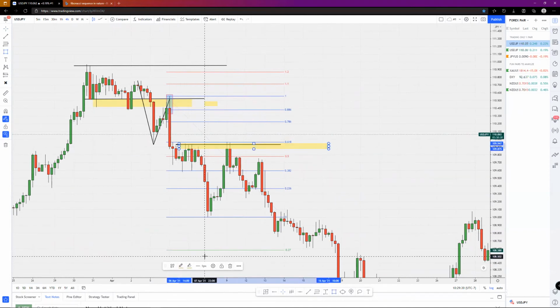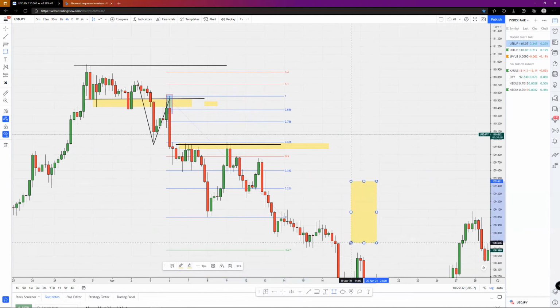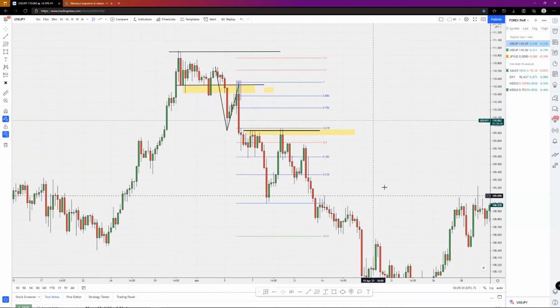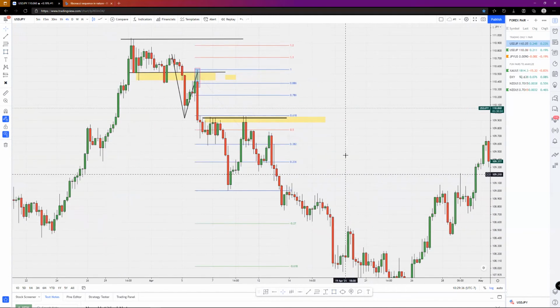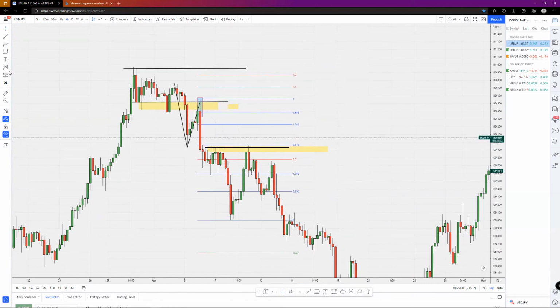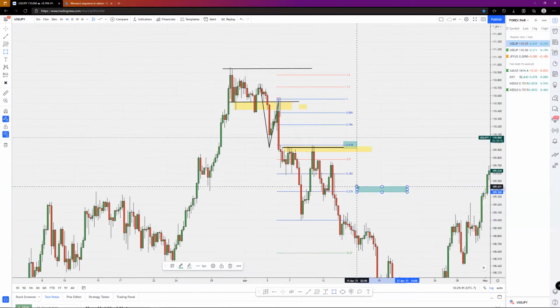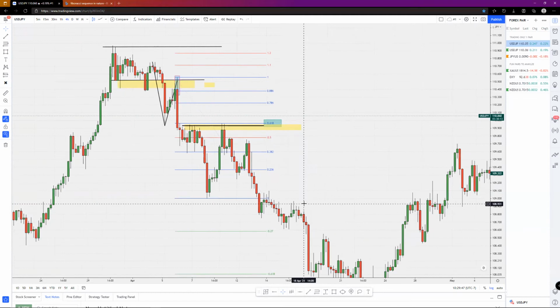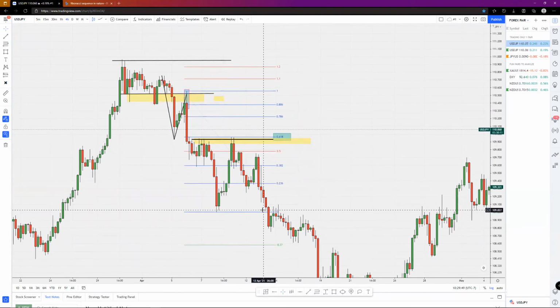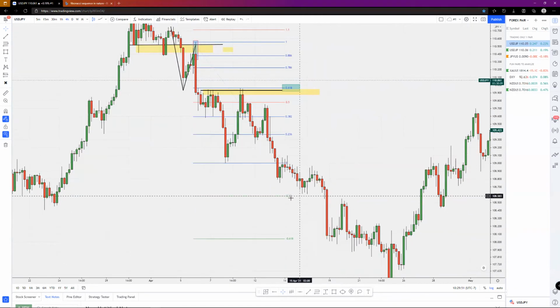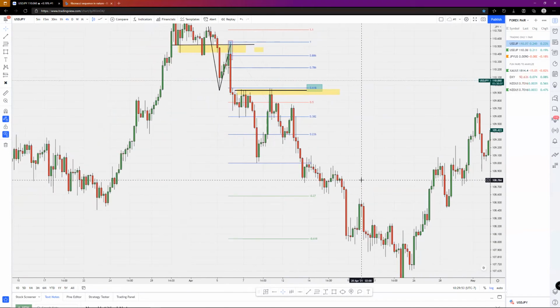Guys, I'm telling you, I don't make this stuff up. I literally don't. My eyes are trained for it in a way. And then look at the same area that it came back to. Look at the 618 golden ratio area that it literally held as resistance to then hitting our TPs, both of them.